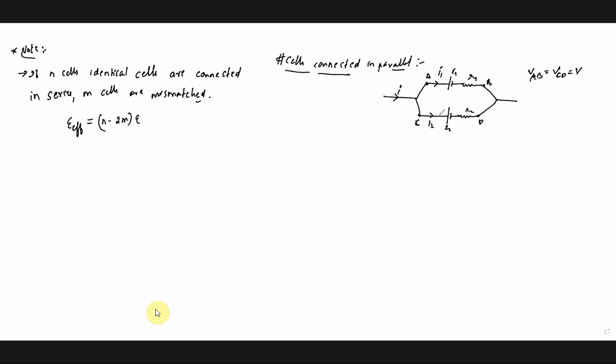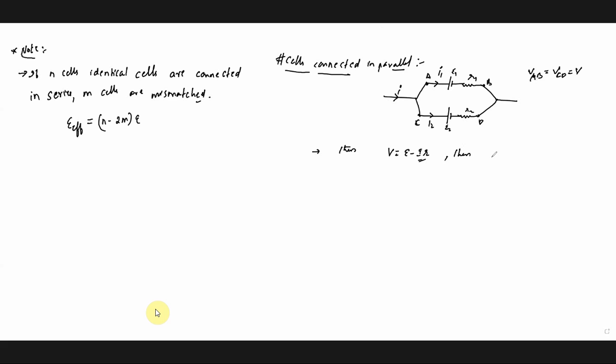Then we know that E is equal to V plus IR. Did you observe this relation? Or else V is equal to E minus IR, that is the terminal voltage.